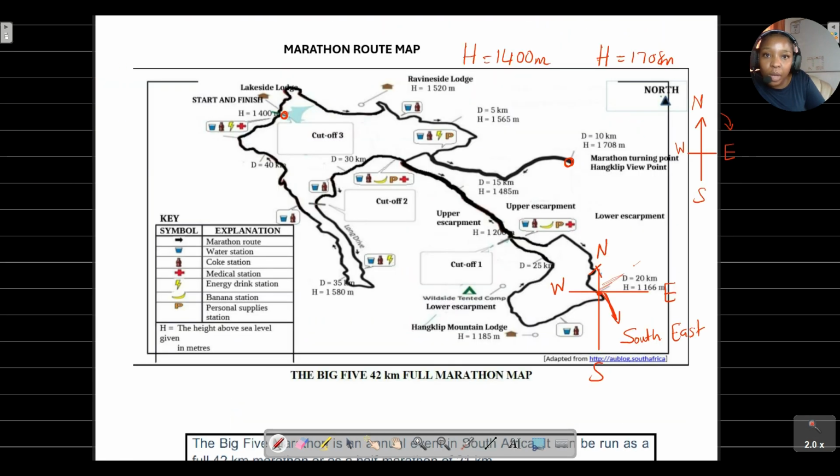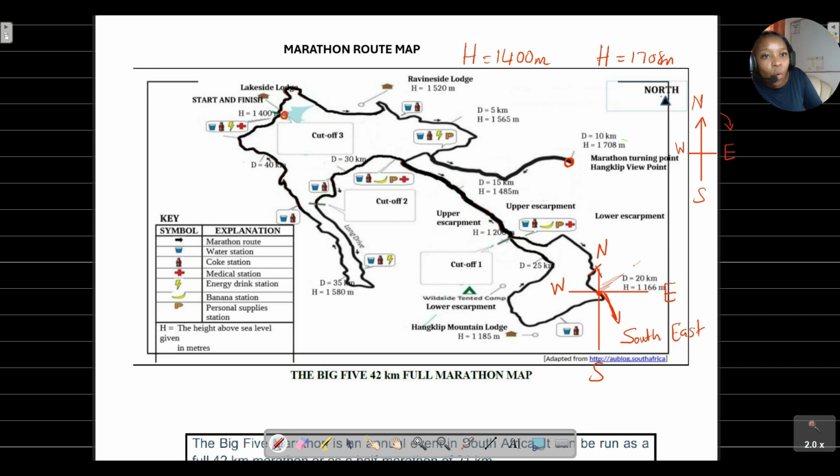So what is our lowest possible height? So it is 1,004, 1,005, 1,007, 1,160, 1,166, 1,185. So I can already see the highest height above sea level, right?